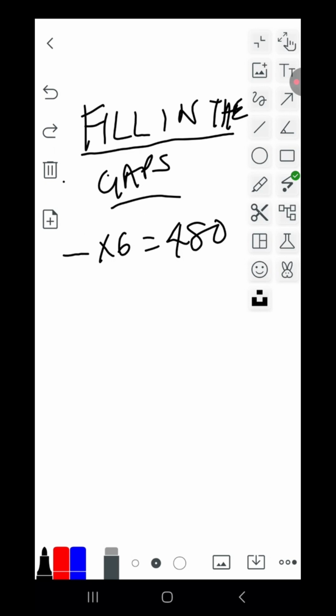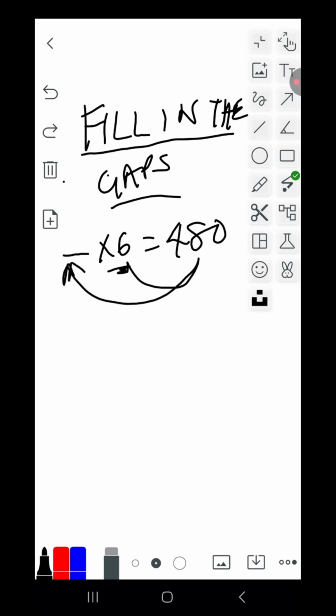We need to do something to both of them, so they work together. Anytime you see an equal sign with a missing number and another number closer, it doesn't matter where it is, you use it to solve that missing number.